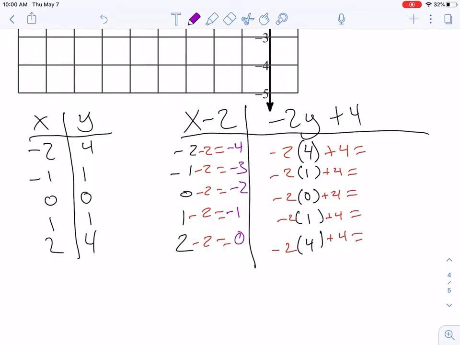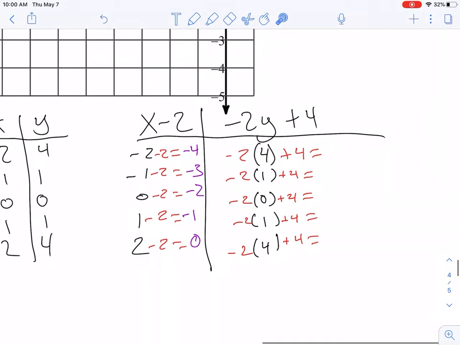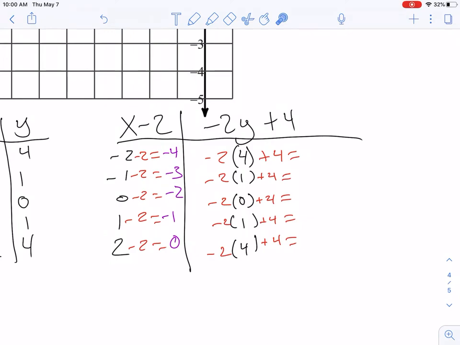Okay, and then on my other side, we're following the order of operations. We're going to multiply these first and then add 4 to it. So I'm going to be doing some mental math, but I'm following the same steps. In fact, this is our last one. I'm not going to do mental math. I'm going to work out the first step. Negative 2 times 4, negative 8. And that's still being added by 4.